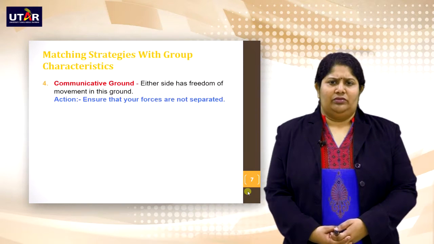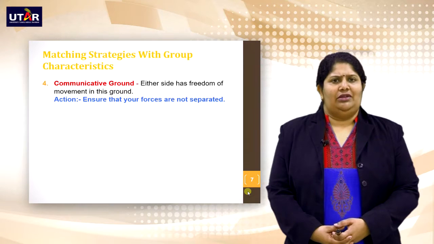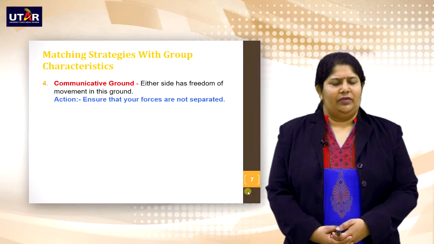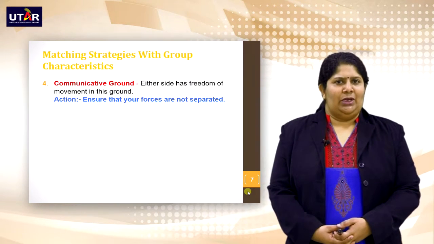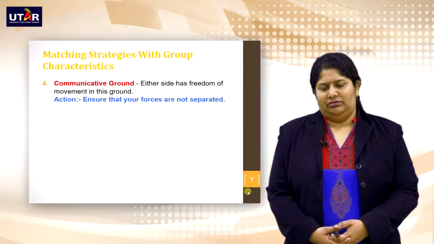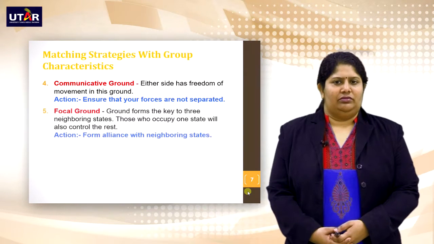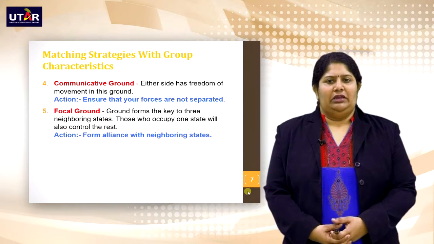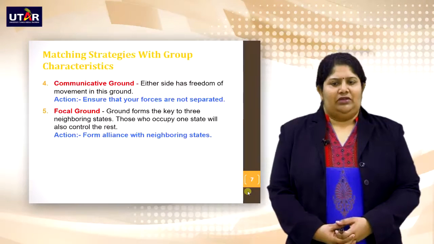Communicative ground. In this ground, both parties have a certain freedom of movement. The action? Make sure the armies are not scattered around. Focal ground. It's a kind of key ground that allows access to three neighboring states.